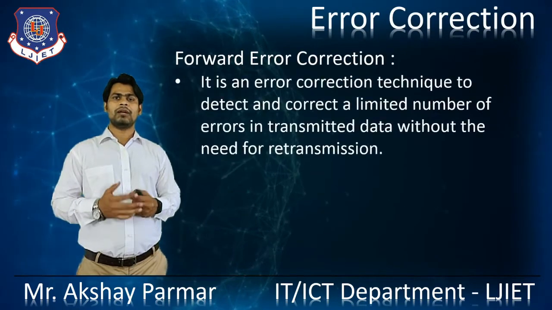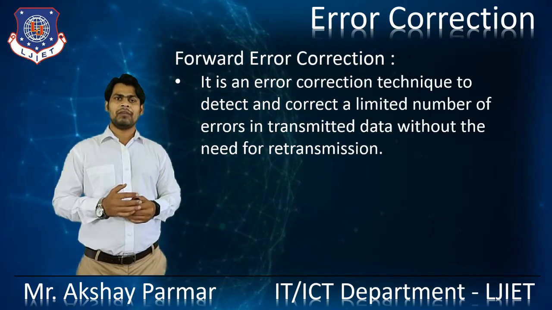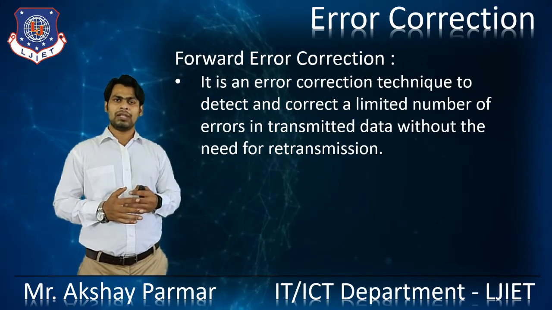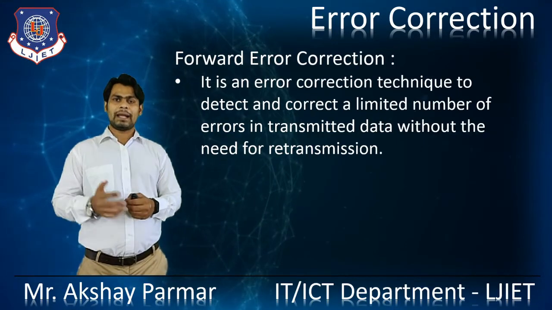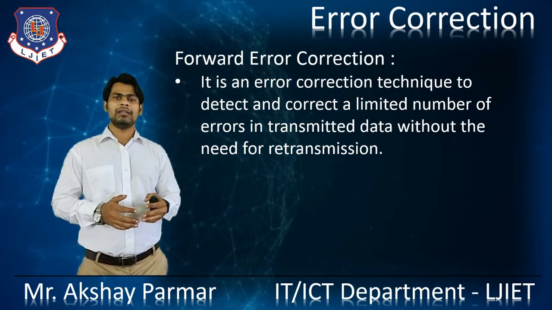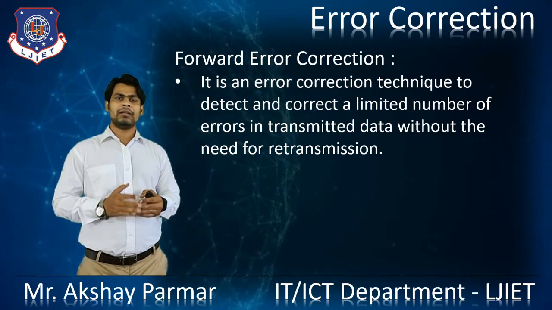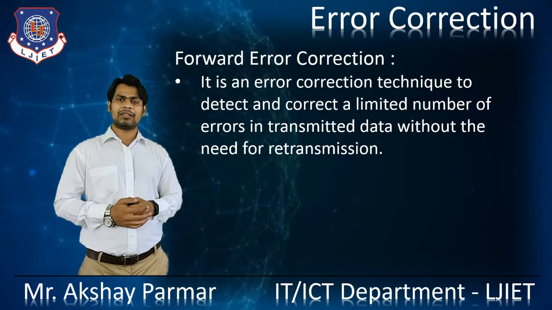As we discussed, if we find any error, we try to get back the original data which was sent by the sender side. To get that data, we apply many techniques. If an error has happened, those techniques are called error correction techniques.